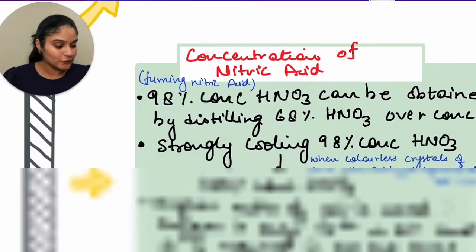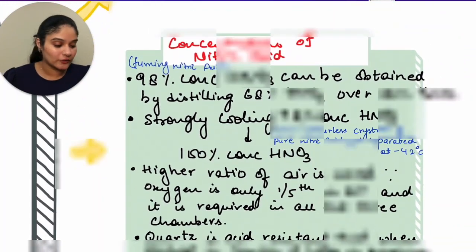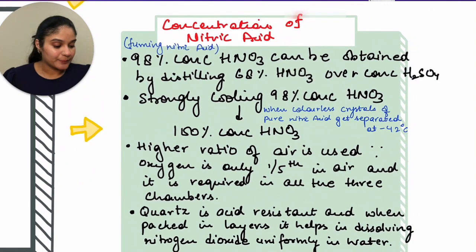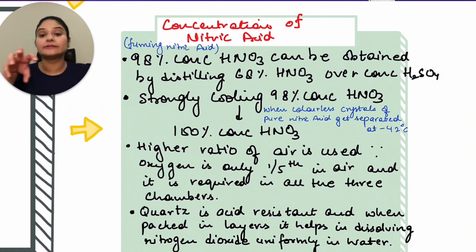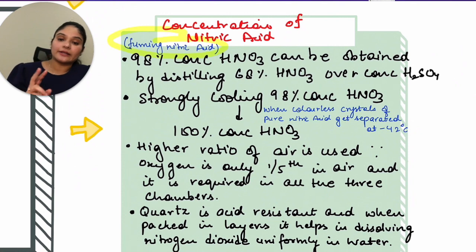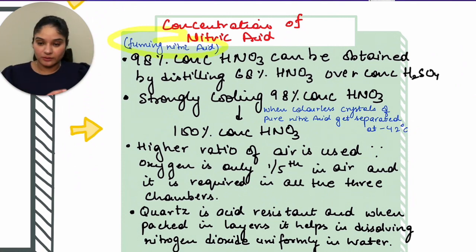Let's move to the next one. This is concentration of nitric acid. 98% concentrated nitric acid can be obtained by distilling 68% nitric acid over concentrated H2SO4. This 98% is also known as fuming nitric acid. Then the second point is strongly cooling 98% concentrated nitric acid.